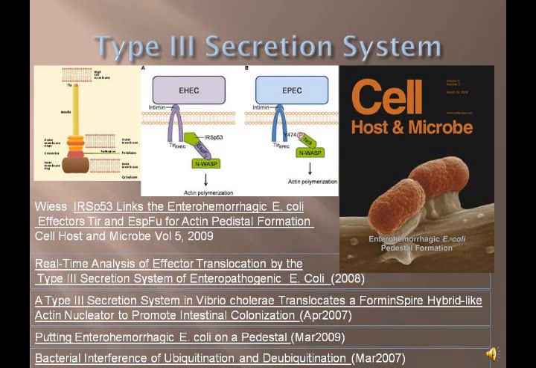And now there's a pedestal, an attachment that the host can't get rid of for the biofilm to attach to. Again, attachment is the first committed step of biofilm behavior. So now the E. coli has a firm footing on the epithelial cells.